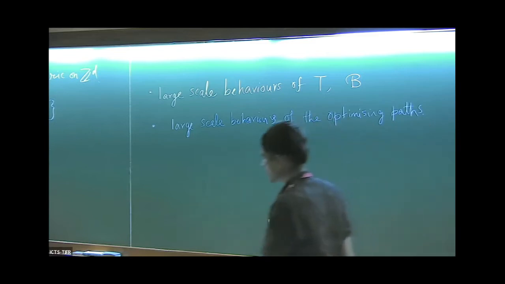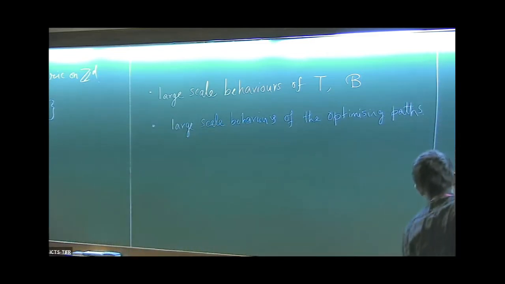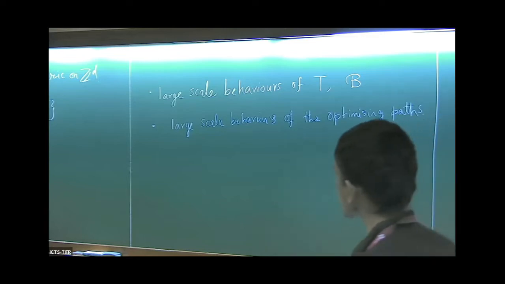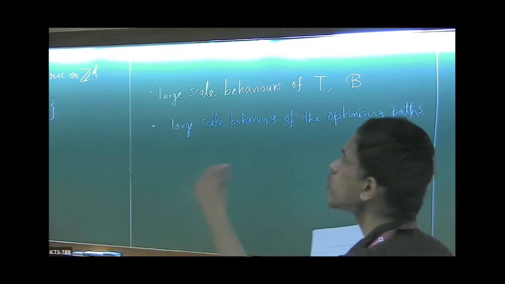Okay, so let's first state some basic results, and we'll prove some of them. So instead of trying to understand all of B at first, let us first look at a fixed direction. We want to understand how this T grows when we are moving in a fixed direction.